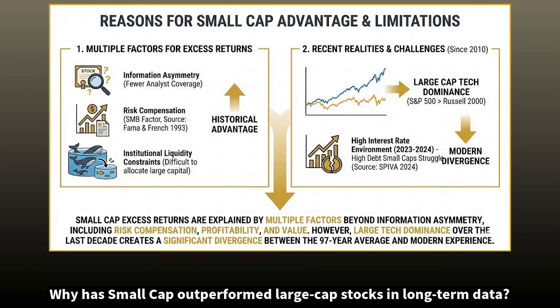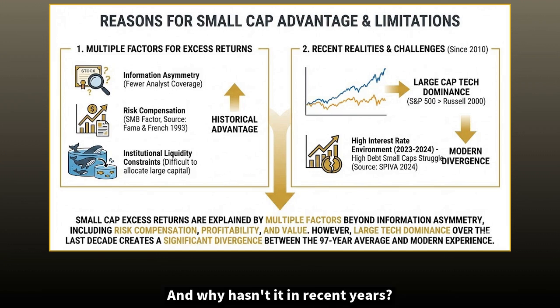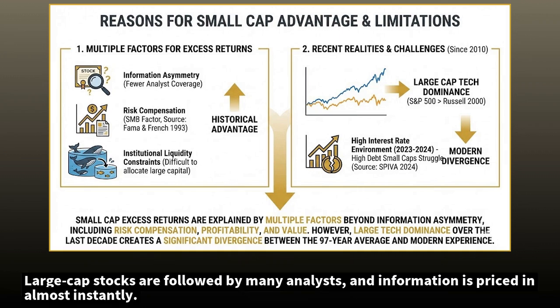Why has small-cap outperformed large-cap stocks in long-term data? And why hasn't it in recent years? Let's examine both. The reasons for excess returns aren't singular. Multiple factors are at play. First, information asymmetry. Large-cap stocks are followed by many analysts, and information is priced in almost instantly.